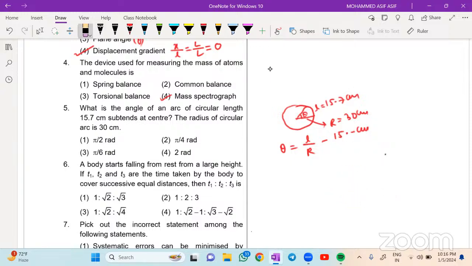Done everyone? Tell me the answer. pi/2.